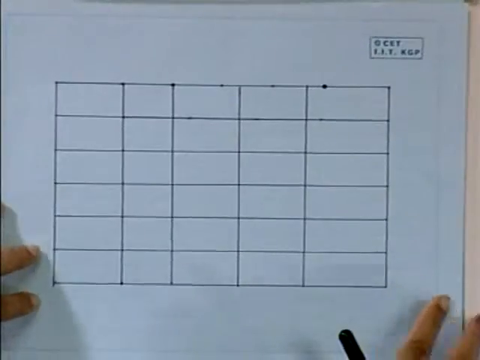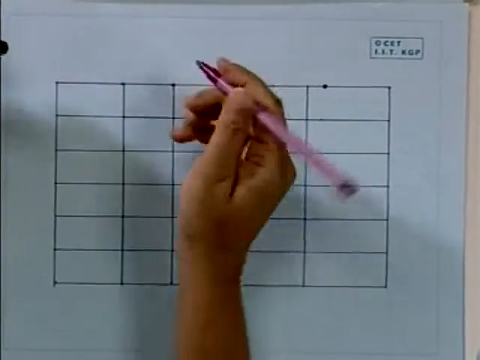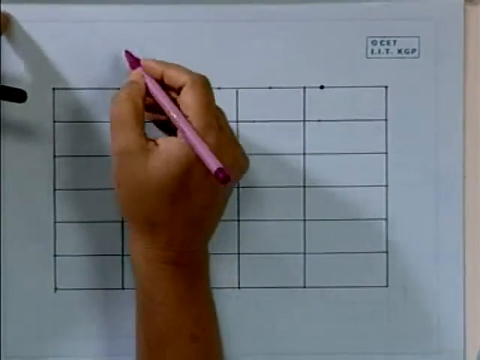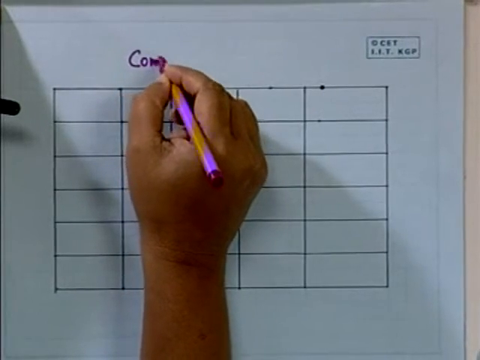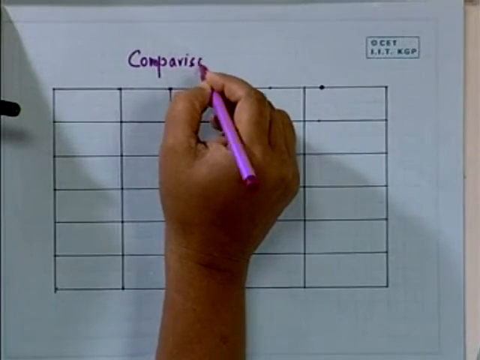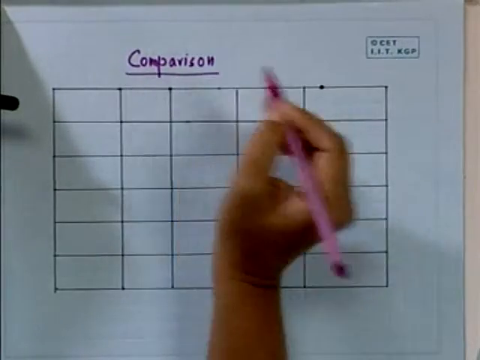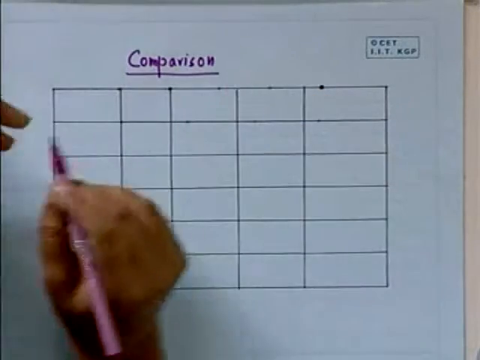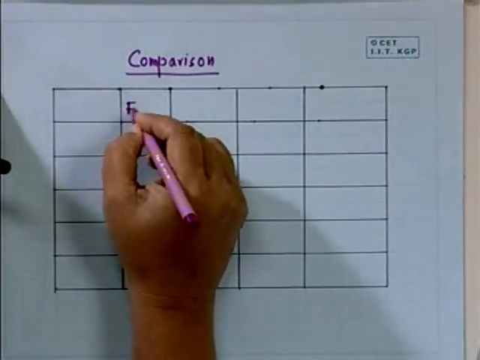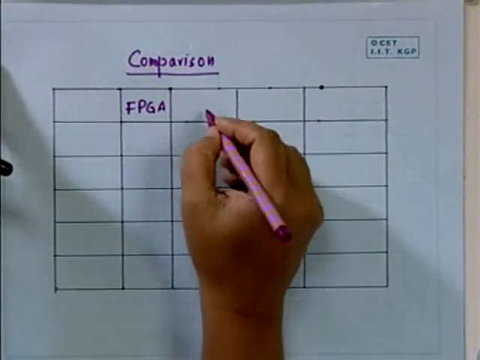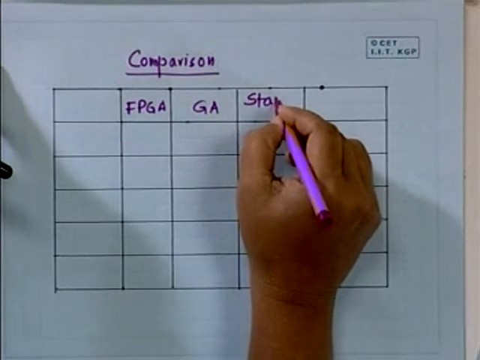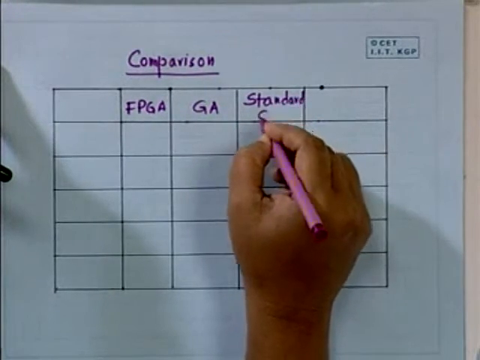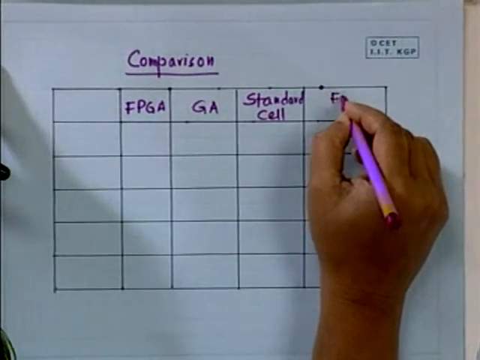So if we do some comparison among various design styles, we have FPGA, gate array, standard cell, and full custom.